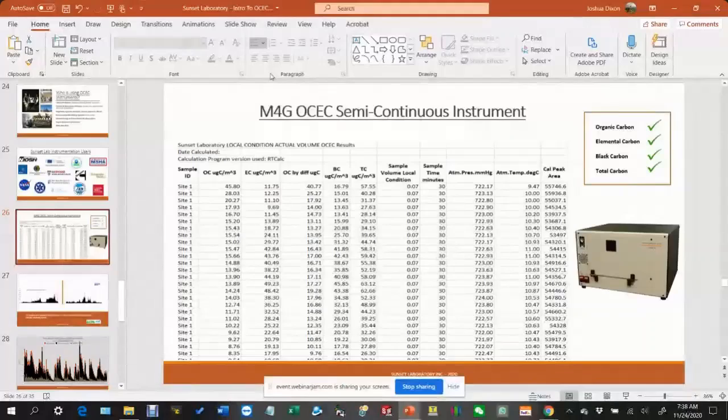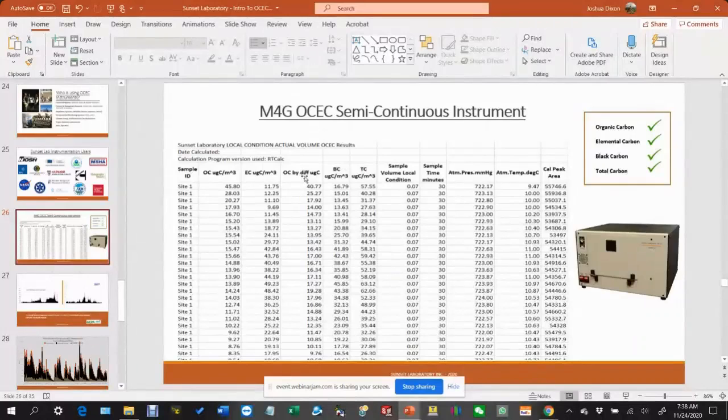We find it incredibly useful because this results table doesn't show everything else that we provide to the user. We'll give you all of your optical calculations that you might be interested in, like absorption coefficients and total absorption. For comparison, we do our black carbon conversion, or gravimetric conversion, to micrograms carbon.